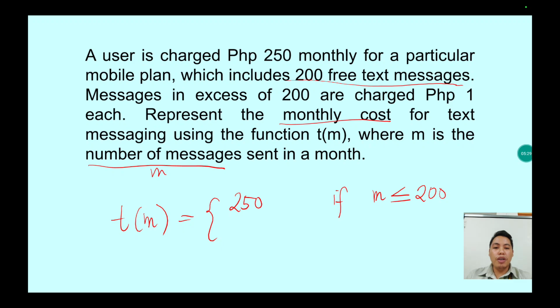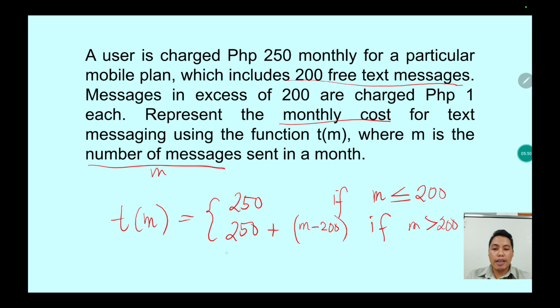But if you exceed 200 messages, of course the first 200 messages will be paid 250 pesos. And you have to subtract 200 from the total messages if it exceeds 200 messages.